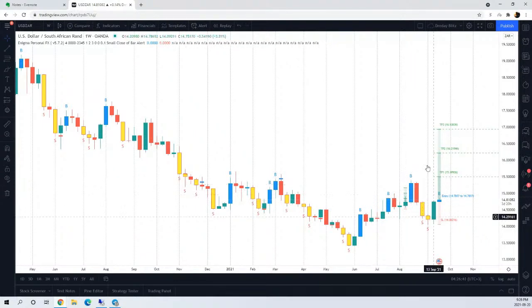So that's why we're looking for an uptrend here. And here you have an engulfing candle, which is a reversal pattern. On top of that, the Enigma system on the weekly is giving us a trading signal for a buy.